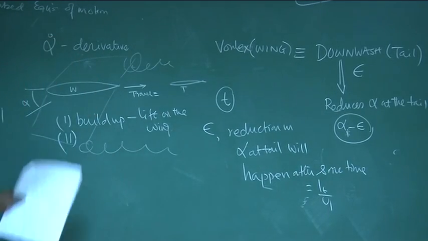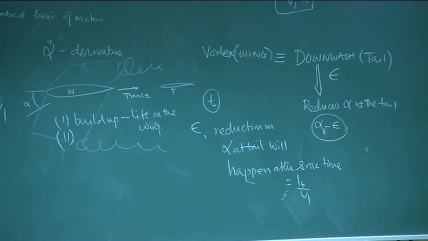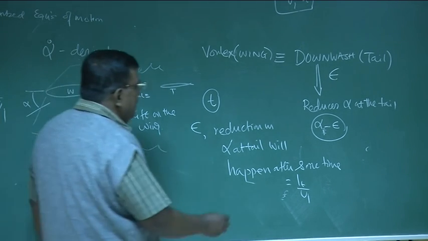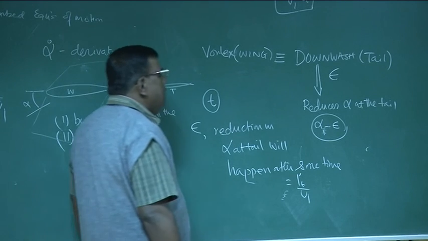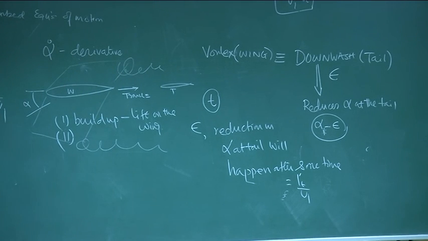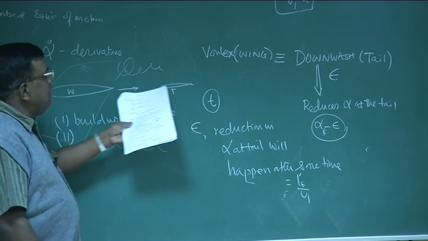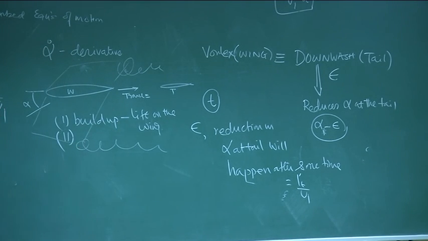LT is the distance from the AC of the wing to the AC of the tail. I call it LT prime, let's say. Generally, convention-wise, LT is the distance between the CG of the airplane and the AC of the tail, but this is the AC of the wing to the AC of the tail, to be more precise. So what is the understanding?